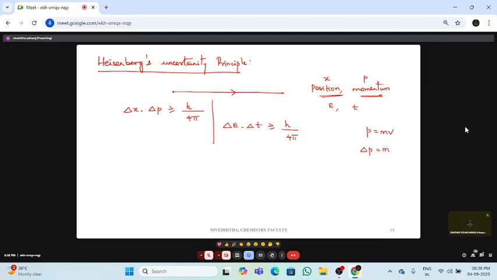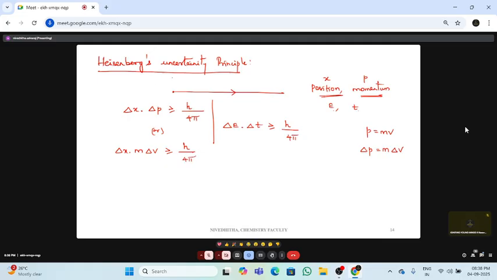There will not be any error in the mass, but velocity will get changed. So delta p is equal to mass into delta v. So this is the expression. So this can also be written as delta x into mass into delta v, which is greater than or equal to h by 4 pi.